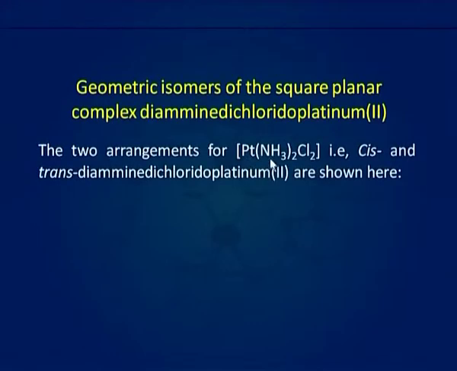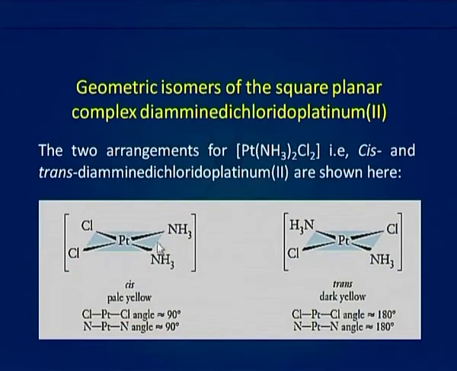Now, we will discuss the geometrical isomers of square planar complex diamine dichlorido platinum 2. The two arrangements for Pt(NH3)2Cl2, that is cis and trans diamine dichlorido platinum 2 are shown here. The first one is cis because the bond angles between two similar atoms are 90 degrees.